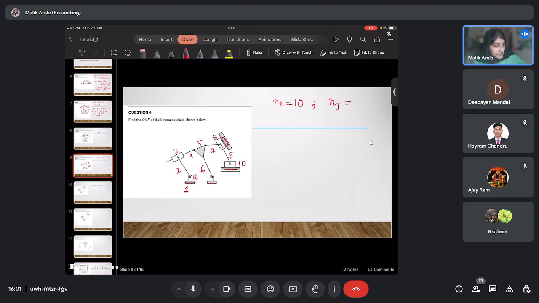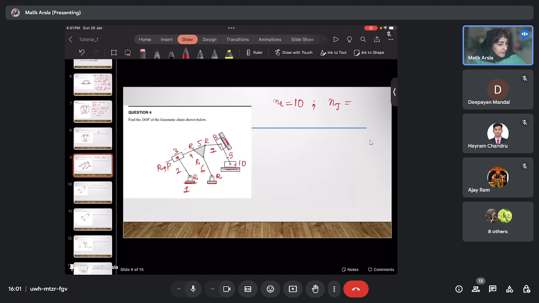Now look here. Here it's not just a prismatic pair. This can rotate with the help of this link, and this can slide also. So here it is one R and one P. So here we have two kinematic pairs. Correct? Now here this is one R, this is another rotating pair, and this is another rotating pair. Here also this can rotate, so it is R.